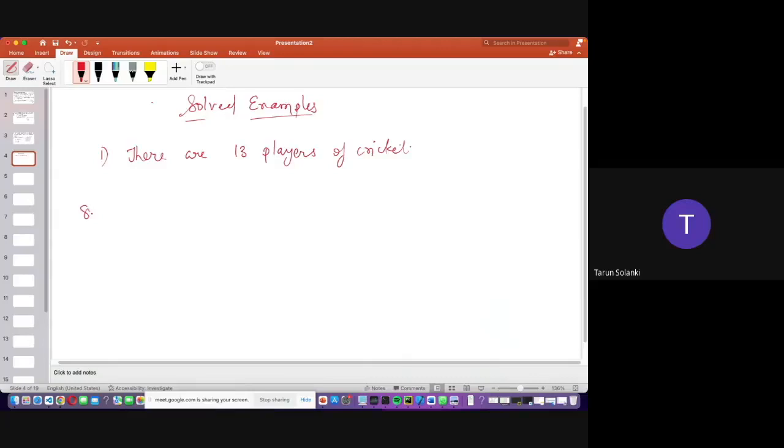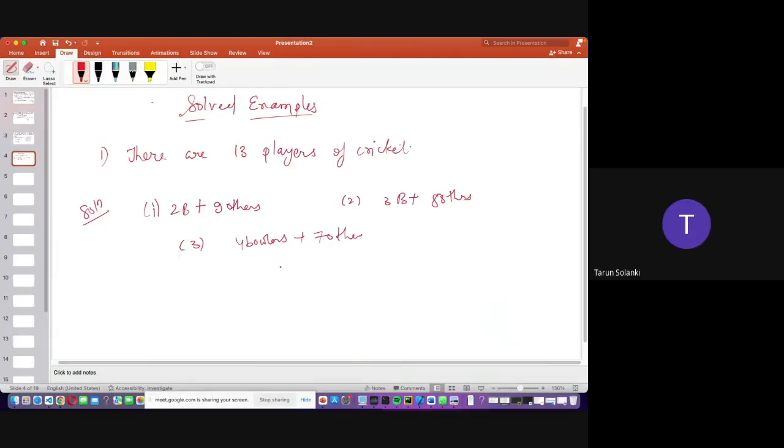So again I'm repeating the question one time. There are 13 players of cricket, out of which four are bowlers. In how many ways can a team of 11 be selected from them so as to include at least two bowlers? A team of 11 may be selected in the following three ways: two bowlers, nine others; second, three bowlers, eight others; third, four bowlers plus seven others.